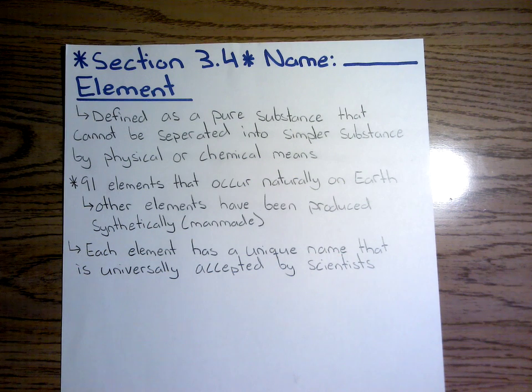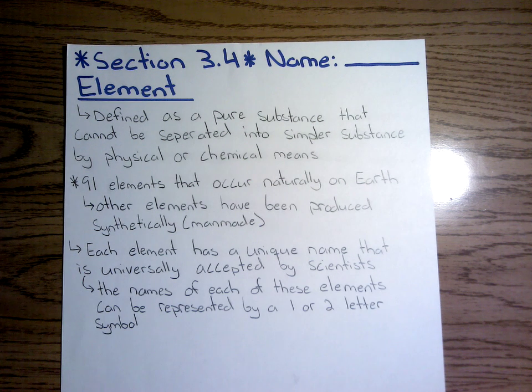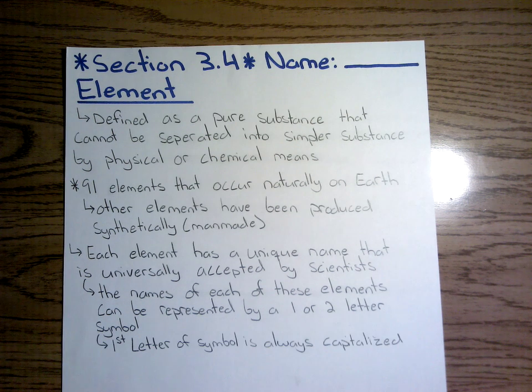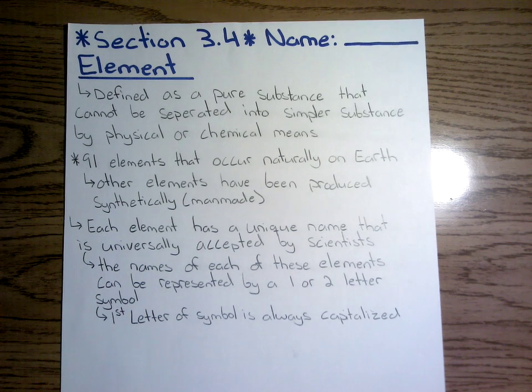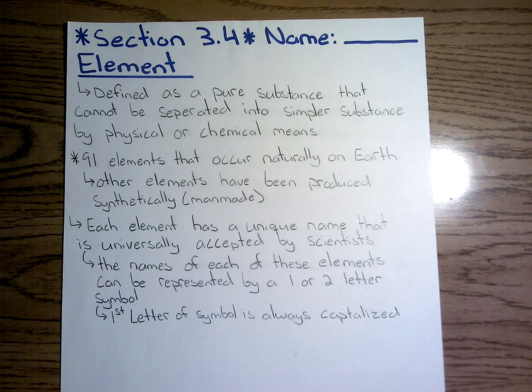Each of these elements can be represented by a 1 or 2 letter symbol. The first letter of the elemental symbol is always capitalized. However, the second letter of that elemental symbol is always lowercase.